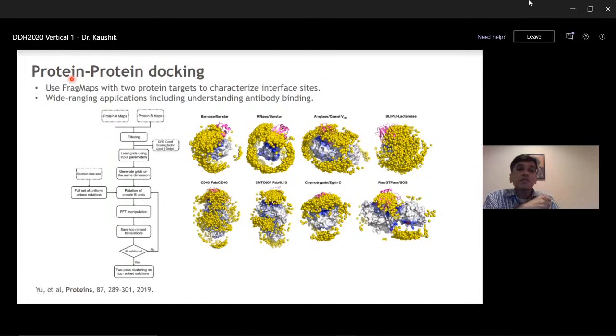So that's what we do. We take the two protein maps, get the combined way in which the two maps talk to each other using a fast Fourier transform styled evaluation of the different poses that the two frag maps can take with each other. And from that, recalculate how the two protein binding partners are talking with each other.